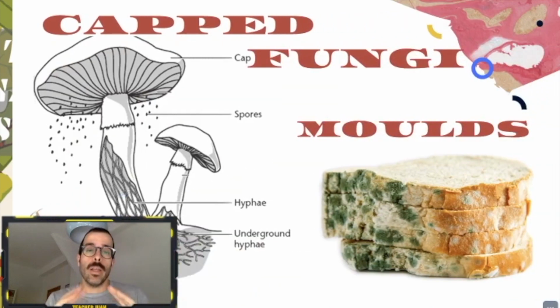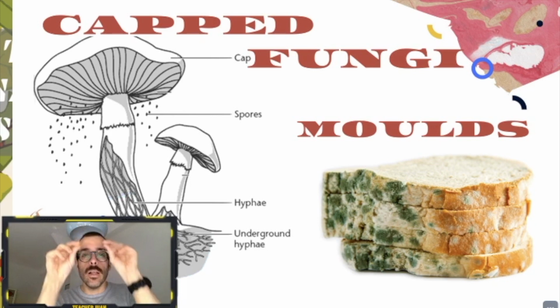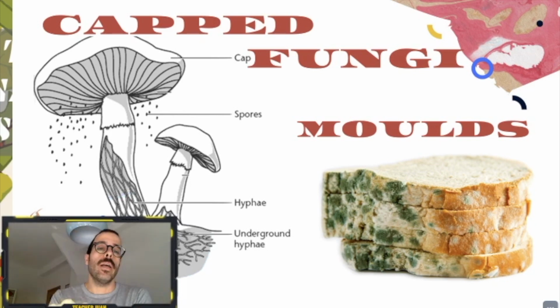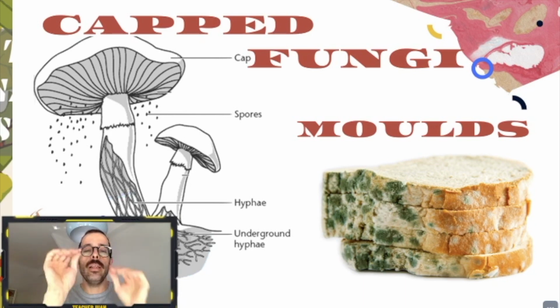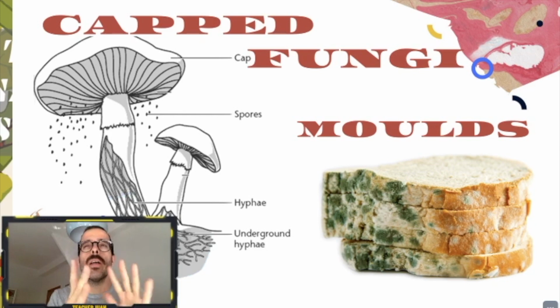We have here these capped fungi, and on top we've got the cap, okay, and these little things that are going down are spores, okay. The spores are how fungi reproduce. They expel these little things that are a type of seed, and from them a new fungus grows, okay.